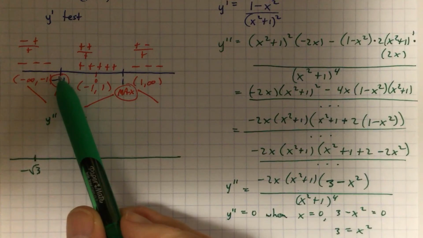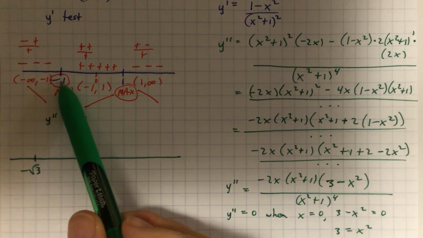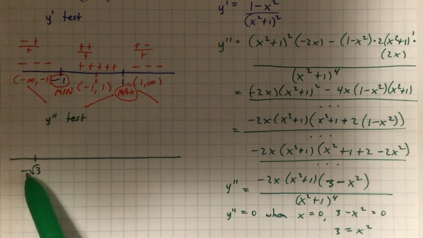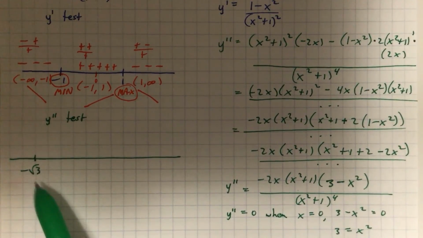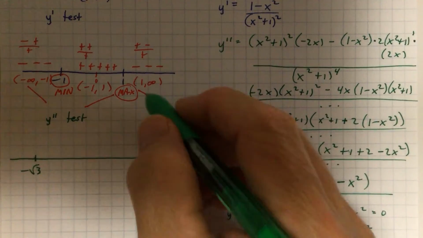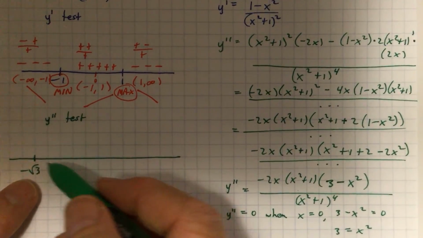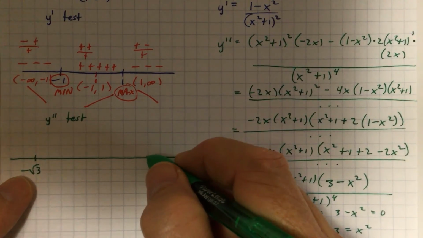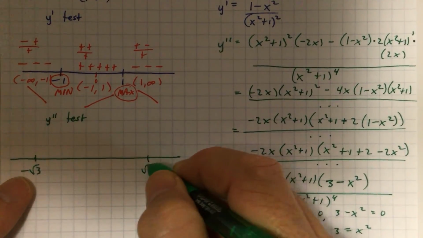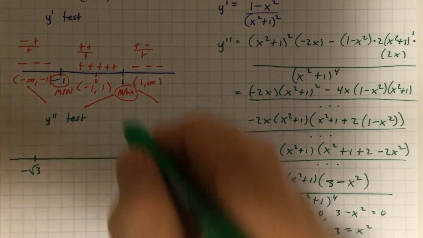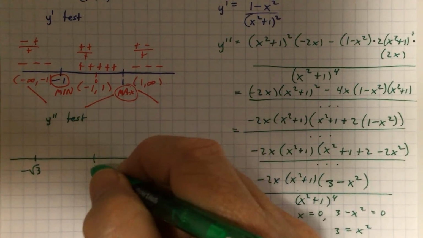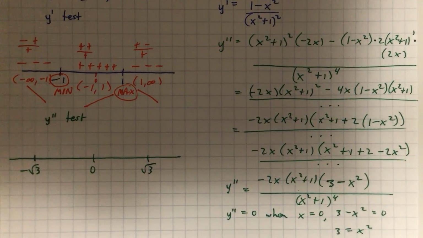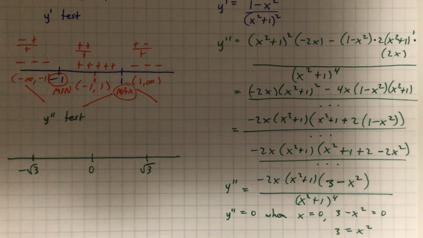So y prime was equal to 0 at negative 1 and 1. Y double prime is equal to 0 at negative radical 3 and radical 3, where negative radical 3 is to the left of negative 1, or less than negative 1. Radical 3 is to the right of, or greater than, 1. And then 0 is right smack dab in the middle, so y double prime equals 0 when x is 0. I'm going to do the rest of this problem in a second video.